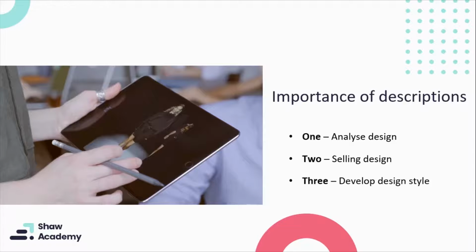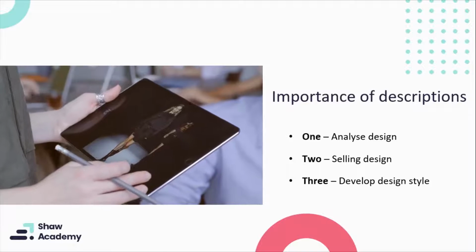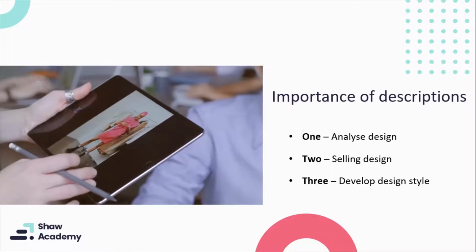3. By analyzing your designs and your garments, you will start to notice a golden thread. Every one of us has things that we like and things that we don't like. This translates into what we design. This will also help you develop your own design style. Little fact about me, I never wore pants when I was little.